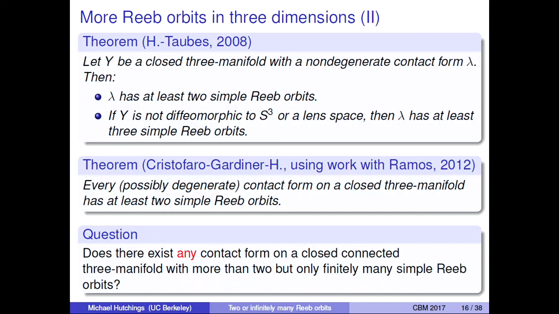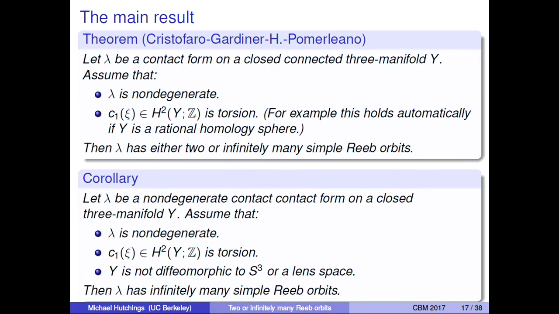Okay, so now I can state the main result that I wanted to tell you about. This is a joint work with Dan Christopher Gardner and Dan Parmigliano. It says that if I have a closed connected three-manifold with a contact form, I need to make two assumptions.